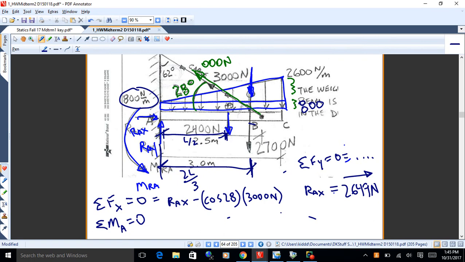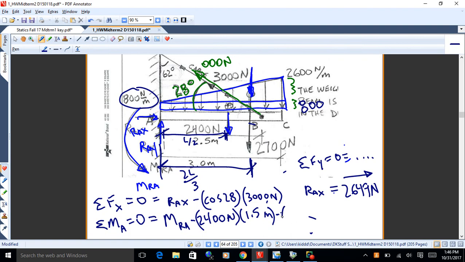Okay. So what I would have there, if I do sum of moments about A, is I'll have M_RA, which is the reactive moment at A. That's what I want to solve for. And then I've got minus 2,400 newtons times its moment arm, which is half of 3, so that's 1.5 meters. All right, and then we've got a couple more terms there.